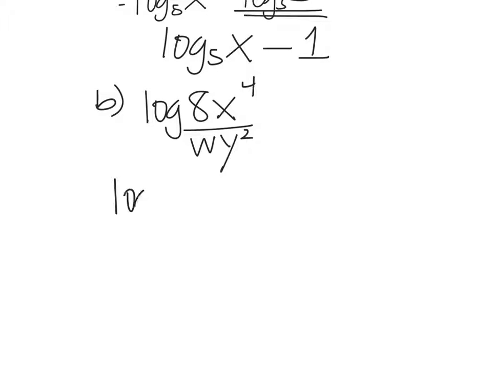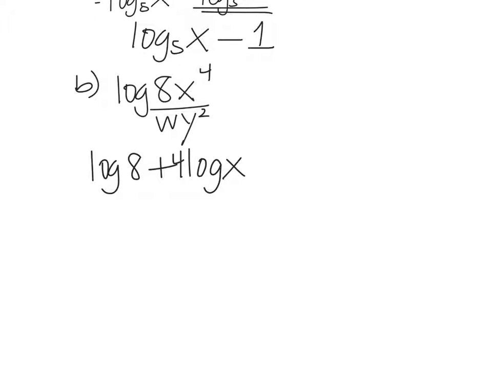All right, here we go. Log 8 plus 4 log x. Yes, good job, Jack. Good job, Sophia and Jack. Minus log w, and now there's 2 ways you can do this.